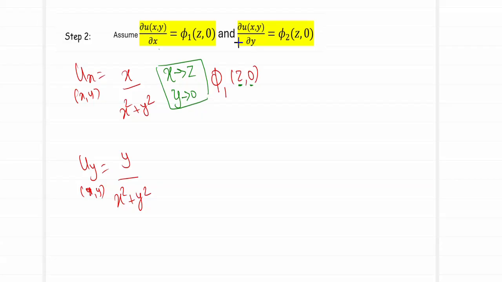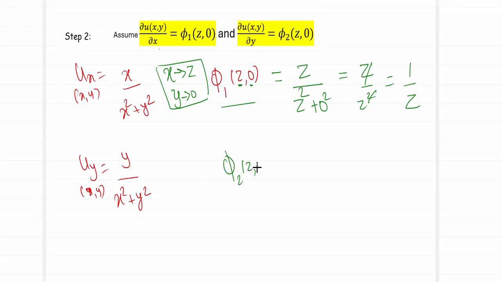So now moving on, this phi 1 of z comma 0 is nothing but z, x is replaced as z, divided by z square plus y square, which is 0 square. So I have z by z square. So this can be written as 1 by z. So my phi 1 of z comma 0 is 1 by z. Now I need phi 2 of z comma 0.